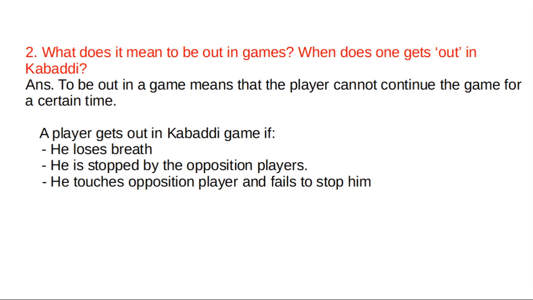A player gets out in a kabaddi game if he loses breath, if he is stopped by the opposite players, or if he touches an opposition player and fails to stop him.